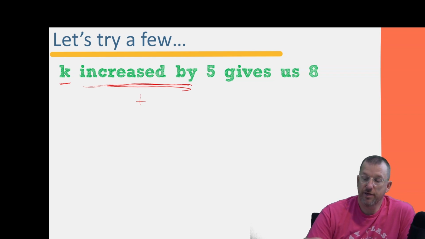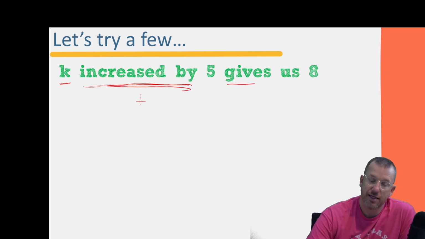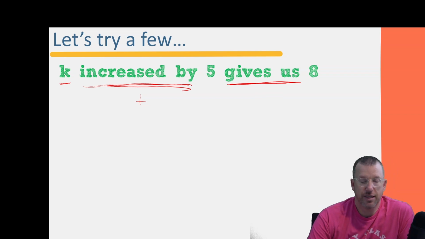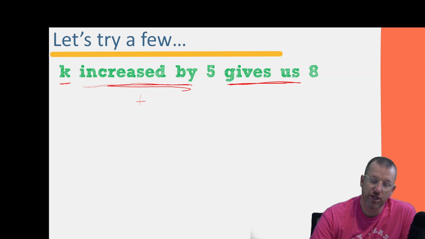Then over here we have gives us 8. That's kind of a tricky one. You're not going to see that very often, but what we know so far is k. If we take k and increase it by 5, it's going to give us, which means equal to, 8. I'm sorry, I wrote that wrong.